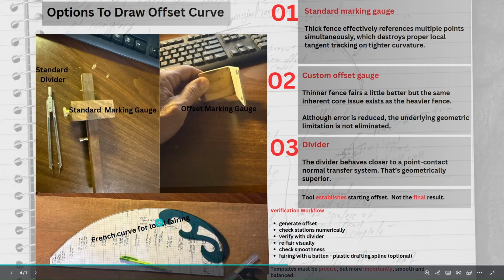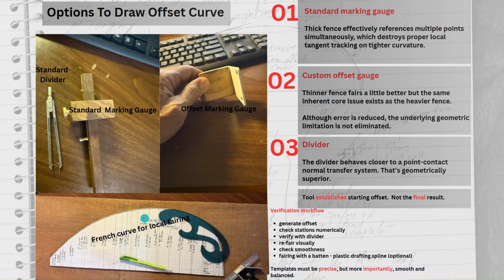You verify from the center line, and I'm going to show how I do it in a minute here. And you also verify from the curve using a divider set at the thickness of the rib. And you can check the smoothness.